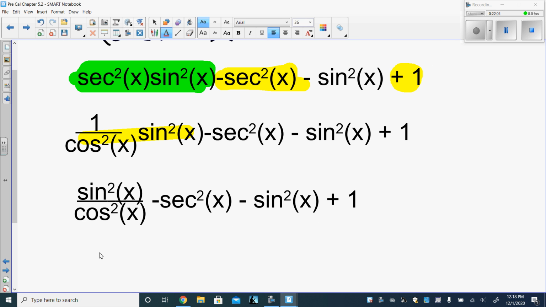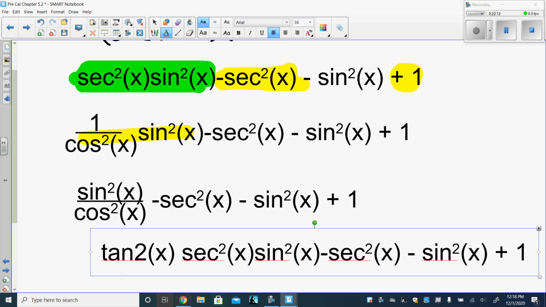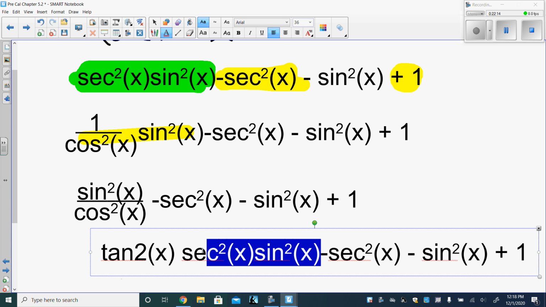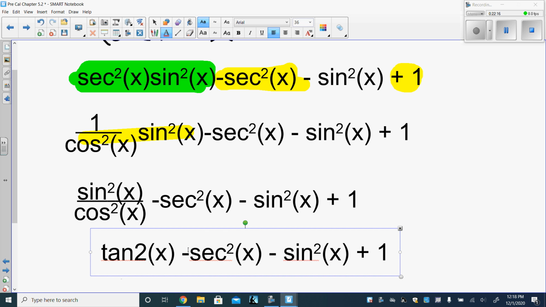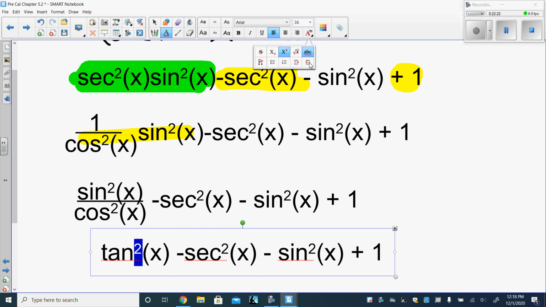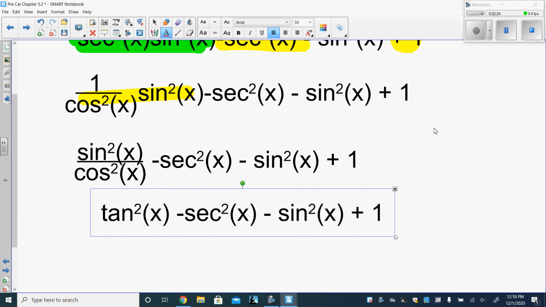So really what we have here is tangent squared of x. I don't need all of this because this here is the same as tangent squared of x.